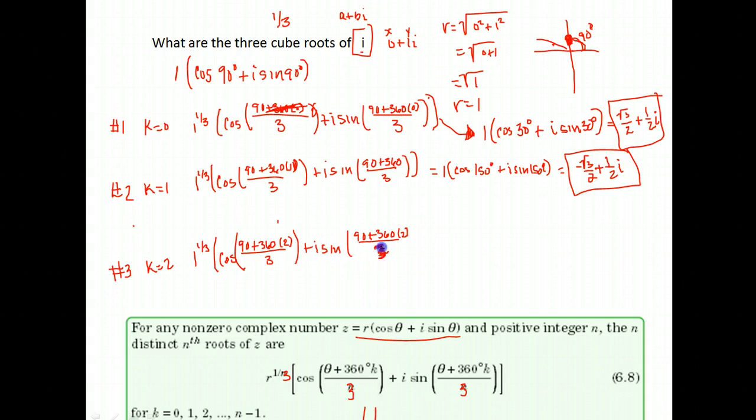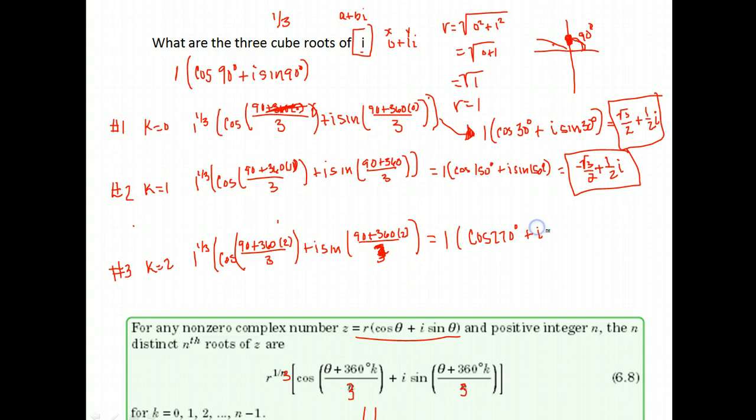That looks a lot like a 2, but it is a 3. All right, 1 to the 1/3 power is 1. 360 times 2 is 720, plus 90 is 810, and then we divide by 3, and that gives me 270 degrees.